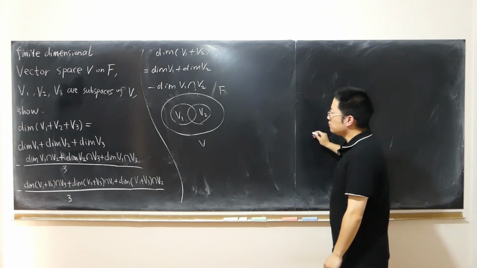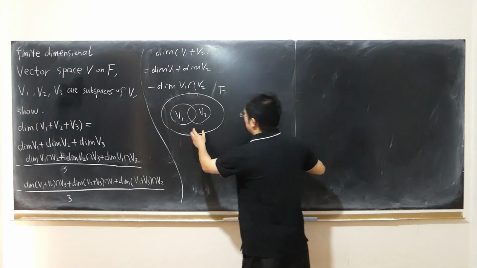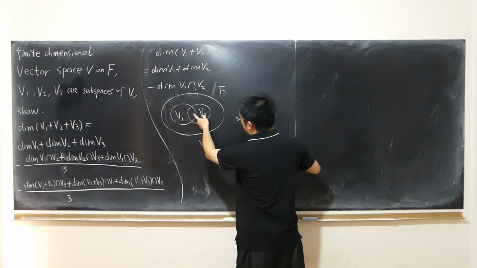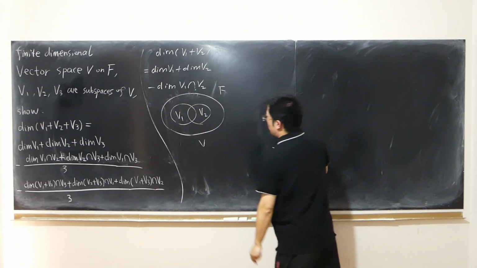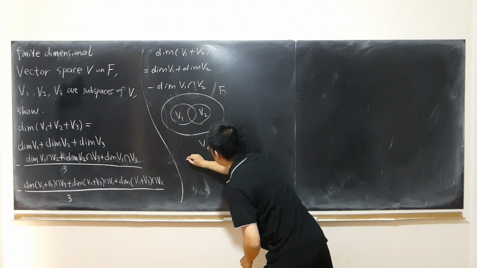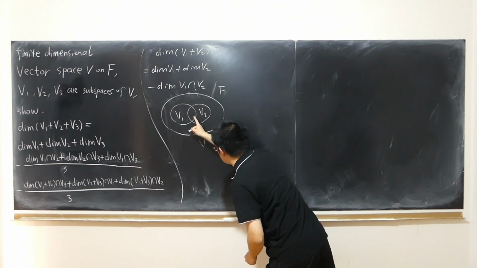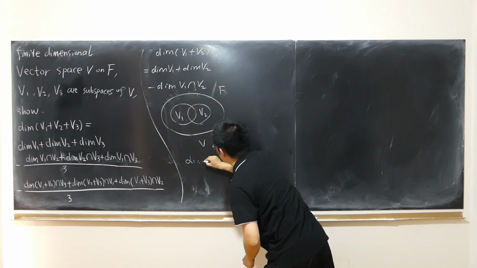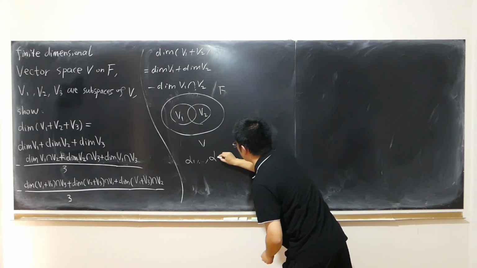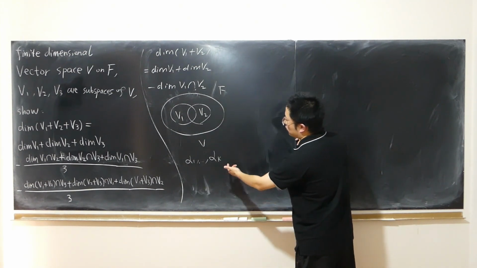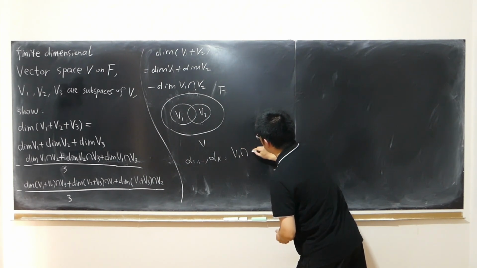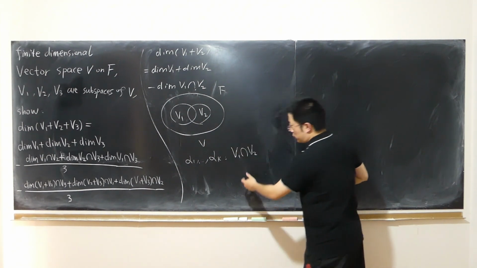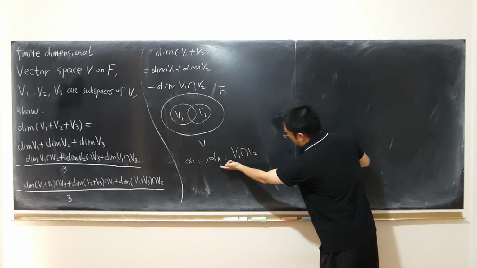First of all, their intersection can also be shown as a subspace of V. So as a subspace of V, we can choose a basis, alpha 1 all the way to alpha k. So I'm assuming the dimension of V1 intersect V2 is just k.